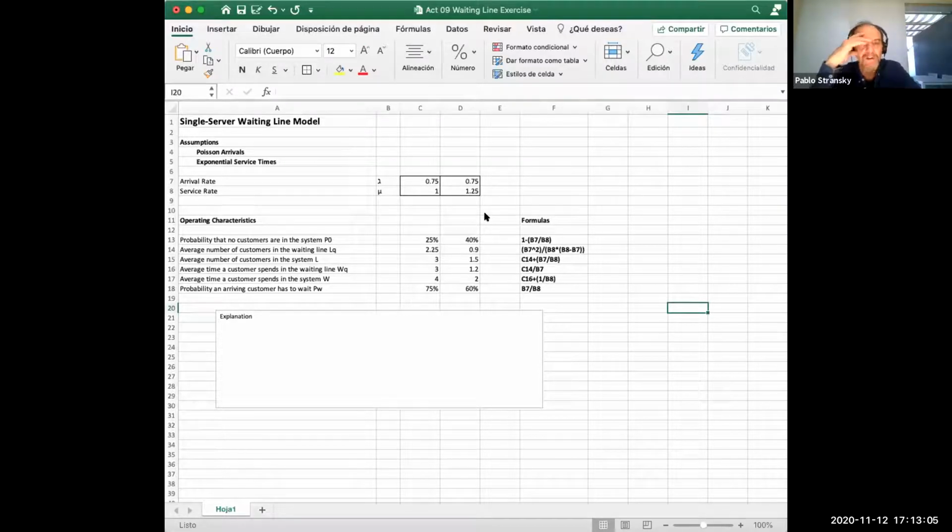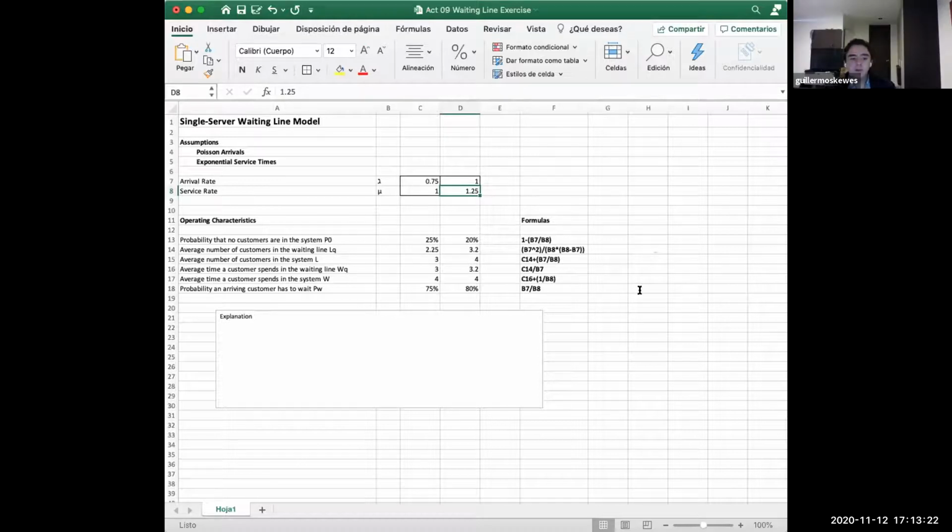It's good that we have no customers in the whole system, that means we are moving them fast. Can you go back to number 1? Now it went all the way down to 20, which means it's worse. When you don't have customers in the system, it means that you have dispatched them all. Yes, you're pretty good at dispatching them.